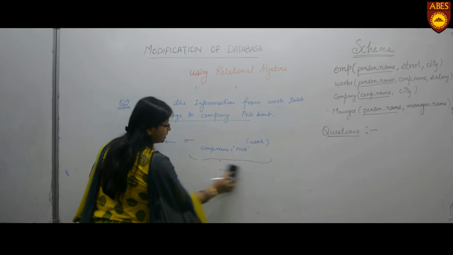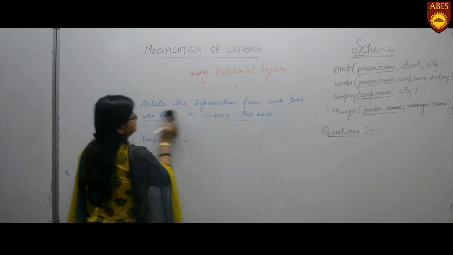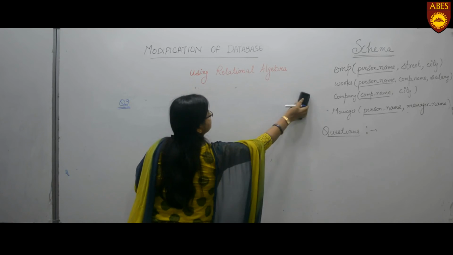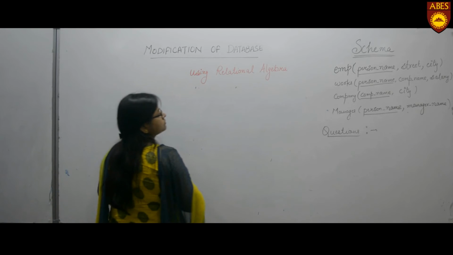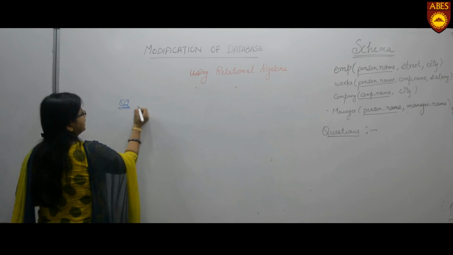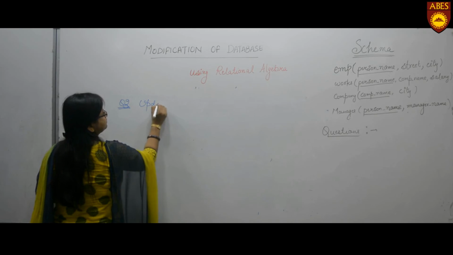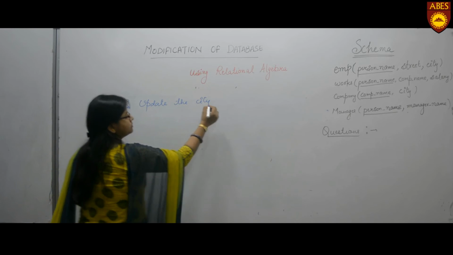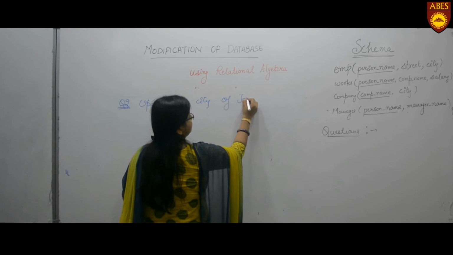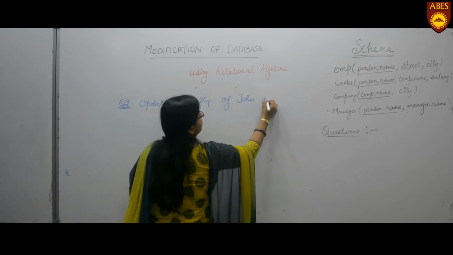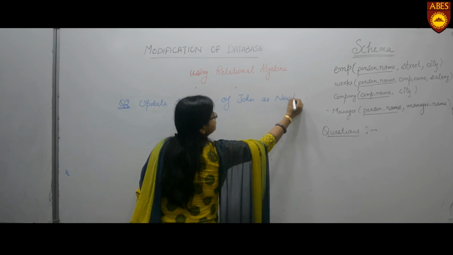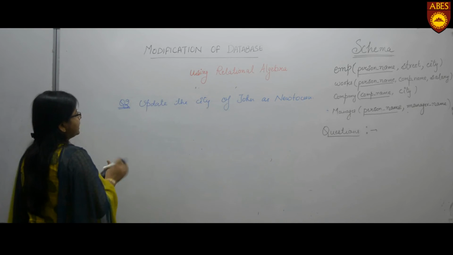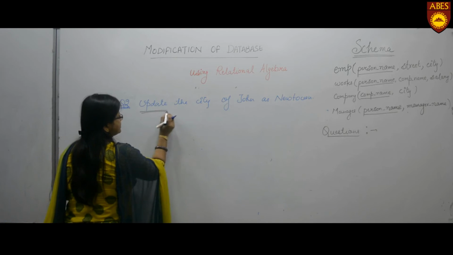So next is updation. Take the third example: update the city of John as Newtown. It says update, which means I need to modify the existing value.